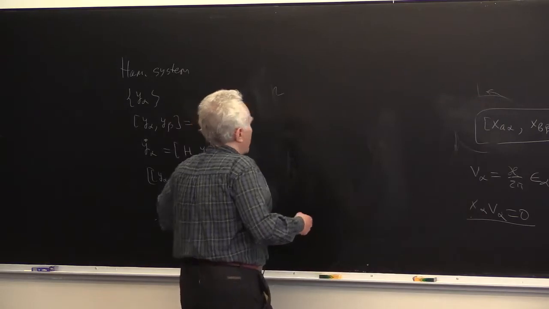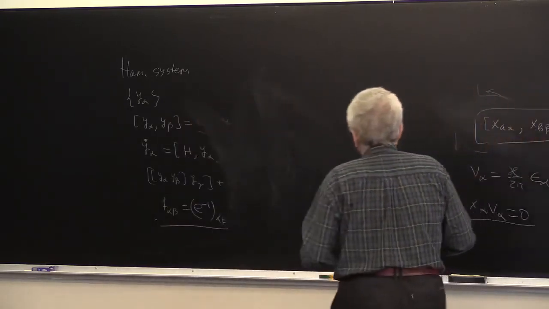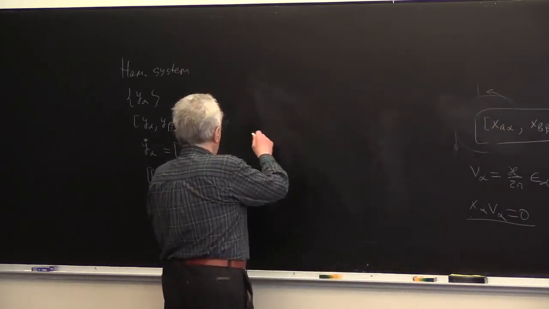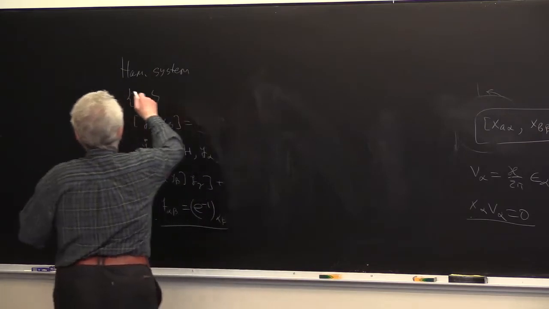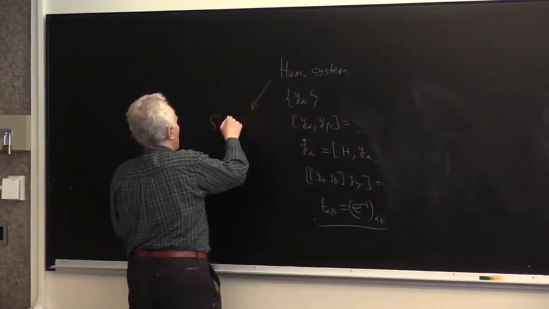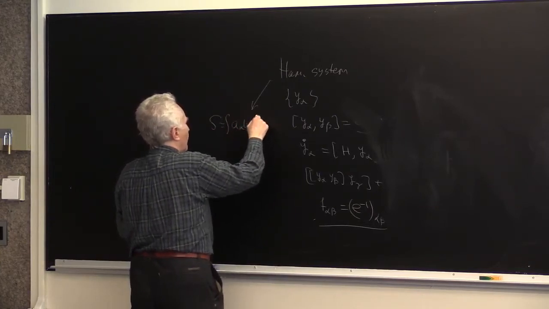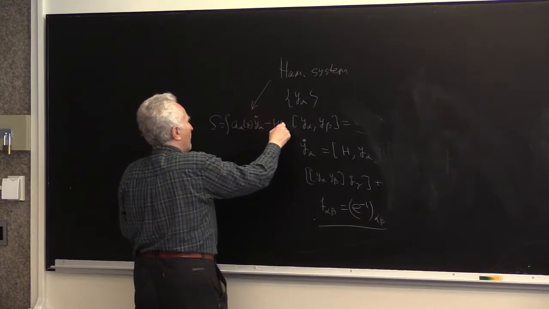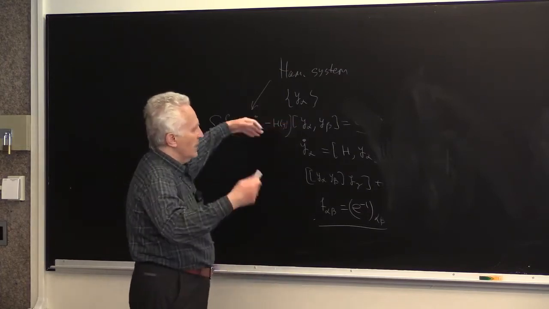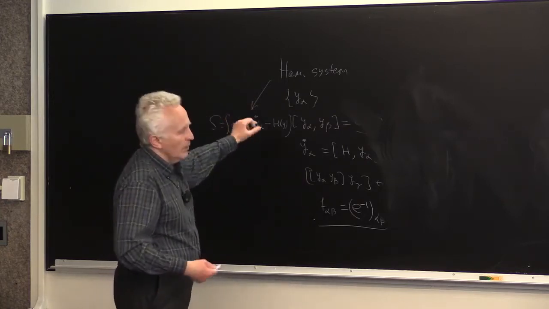And one last thing I need here is the Lagrangian. Let's write down the Lagrangian. In the Hamiltonian system, remember, the action was where A was the potential, which gave us the curl of A as the symplectic form.